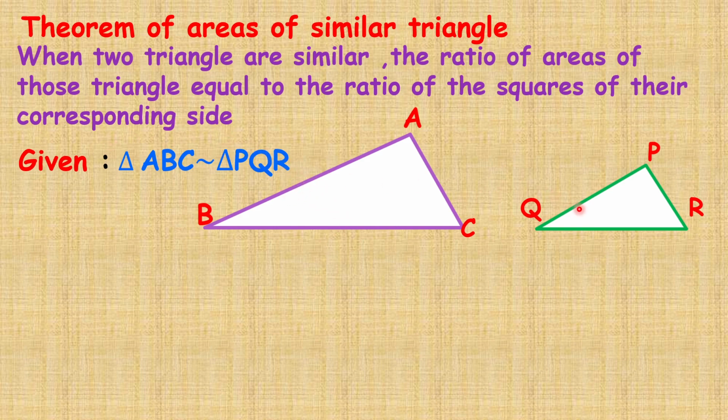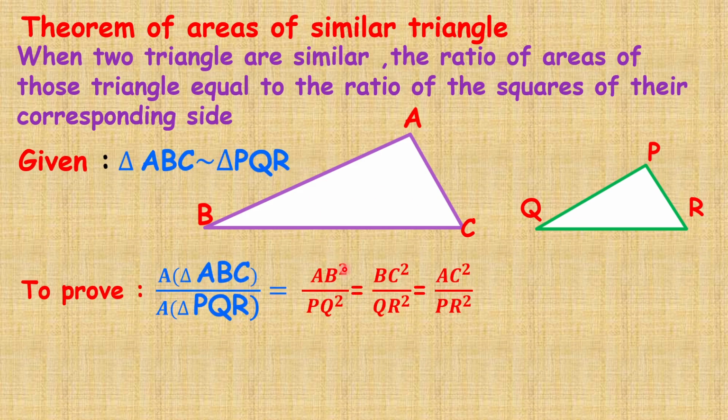AB and PQ are the corresponding sides of these two triangles. Therefore, to prove: area of triangle ABC upon area of triangle PQR is equal to AB square upon PQ square, is equal to BC square upon QR square, is equal to AC square upon PR square.